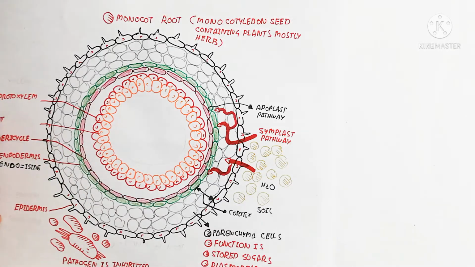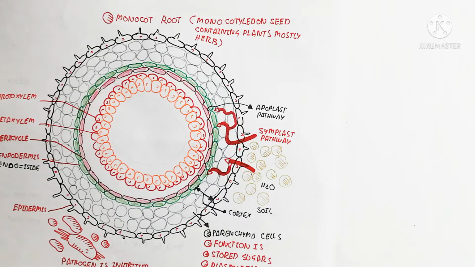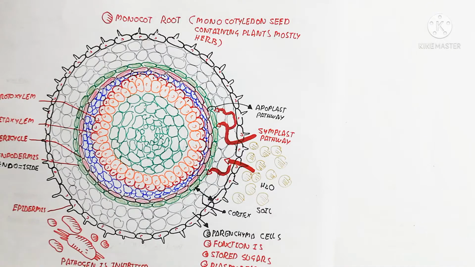So here is the vascular tissue of the monocot roots. My drawing is not good, but you can understand that the ground tissue and vascular tissue are dispersed here and there. Inside, the orange color is the xylem, while the outer is the phloem.